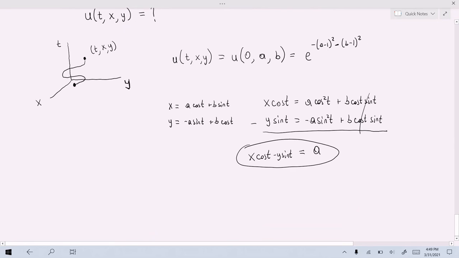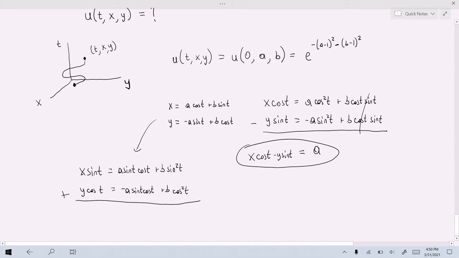Likewise, we can solve for b in a similar way. If you multiply the x equation by sine, and then if we multiply the y equation by cosine, and then we add these equations together, that would eliminate the a's.